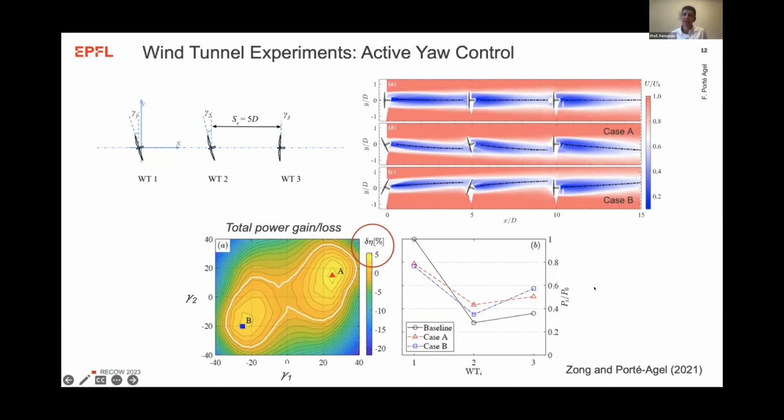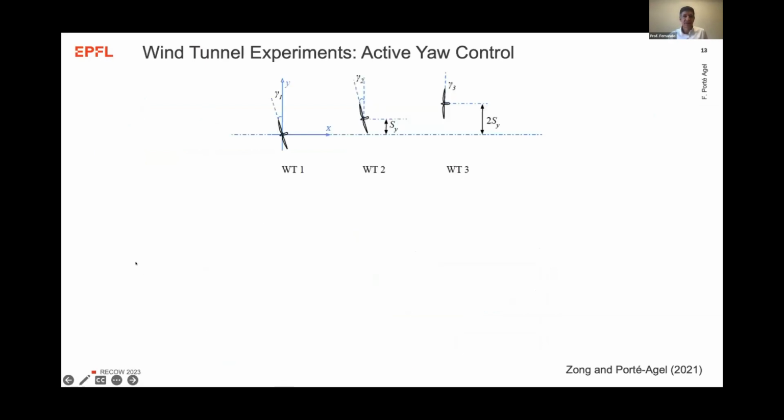What's interesting is that this technique turns out to be even more efficient when it is used not exactly in full wake condition, but in a condition that is slightly off. Let's say the row of turbines is not perfectly aligned with the wind, but the wind shifts a few degrees.